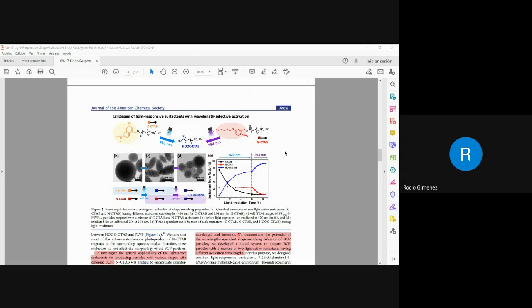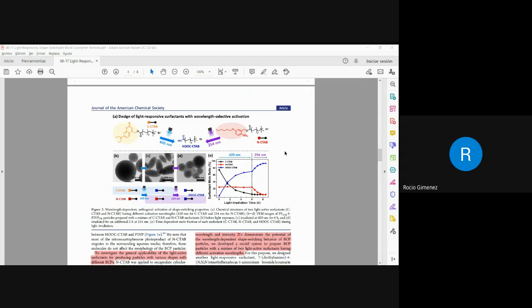During irradiation at 420 nanometers, CC-tab molecules were selectively converted to CC-tab with carboxylic acid groups. NC-tab surfactants were stable under 420 nanometer light irradiation, so there was a second irradiation at 244 nanometers that decreased the ratio of NC-tab, and inverse onion-like spherical particles were obtained.